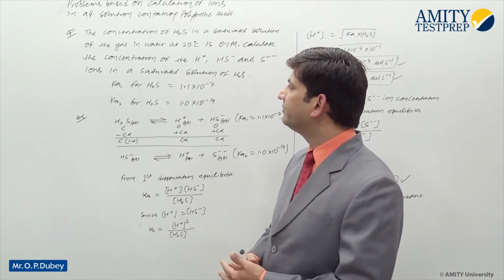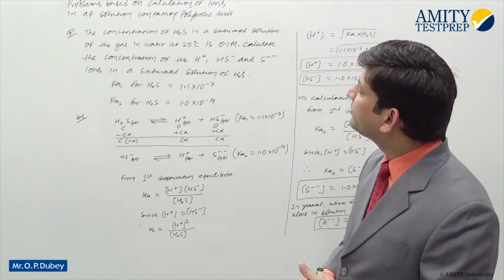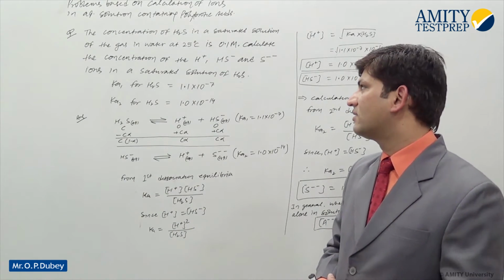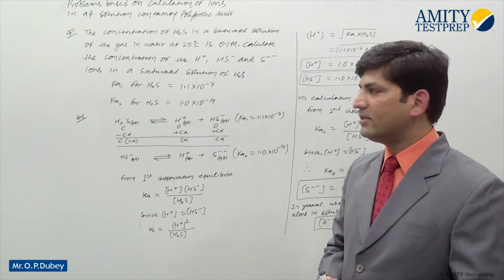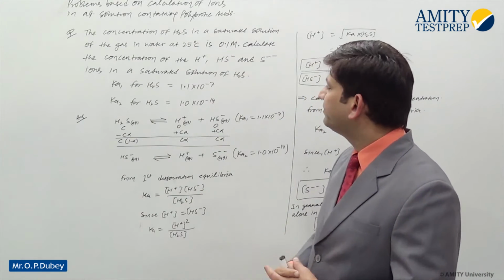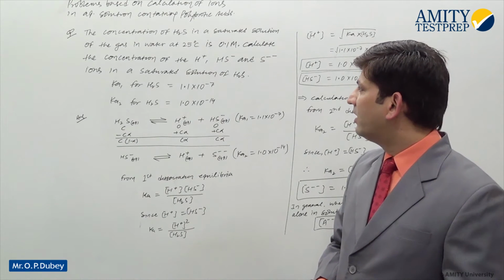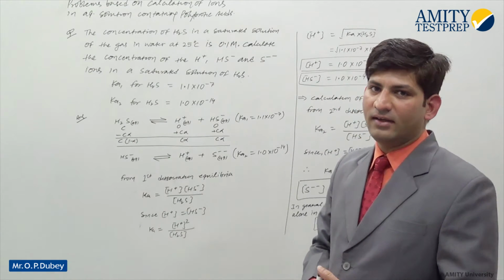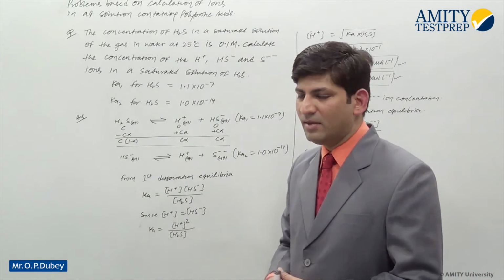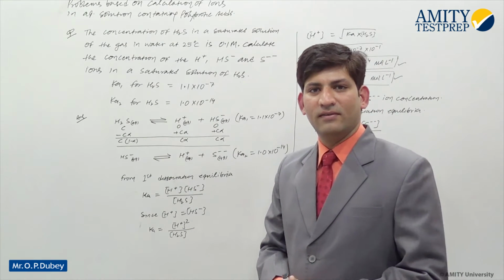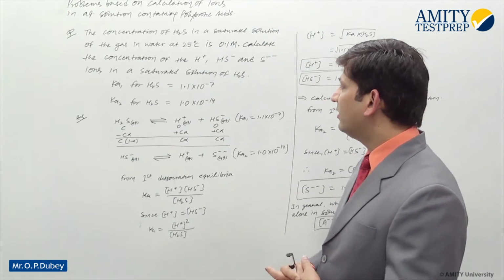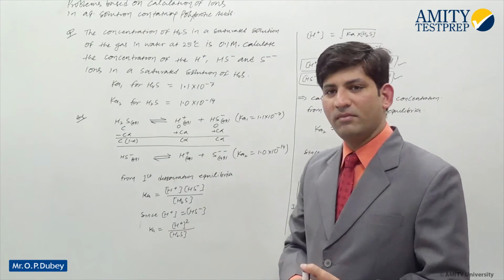Our question is: the concentration of H2S in a saturated solution of the gas in water at 25 degrees C is 0.1 M. Calculate the concentration of H positive, HS minus and S2 minus ions, that is sulfide ion, in a saturated solution of H2S.